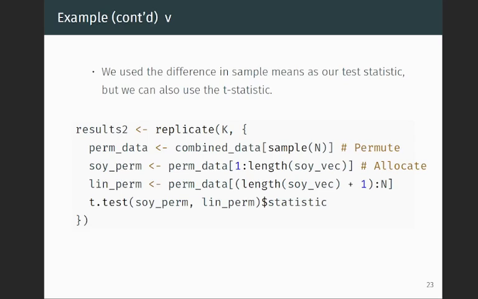And so every time we run those permutations, what we get is the t-statistic. This is probably the easiest way of getting it, but of course you could compute it without using the t.test function. You could compute it using R code as you wish.